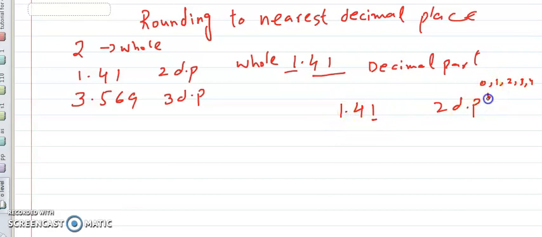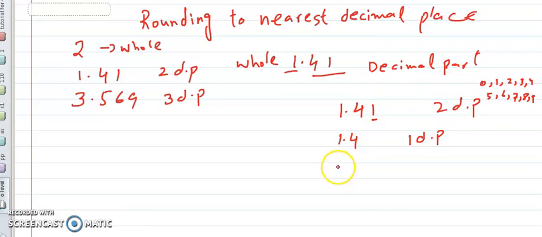But if it is 5, 6, 7, 8 or 9, then we will add 1 in the first decimal place. So right now the second decimal place is 1, so there will be no change. It will be only 1.4. We will remove the last digit, so this is going to be one decimal place.